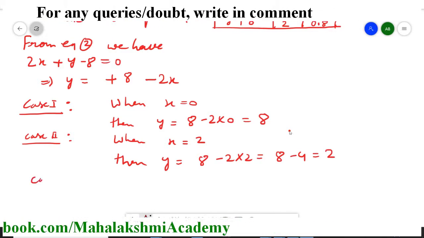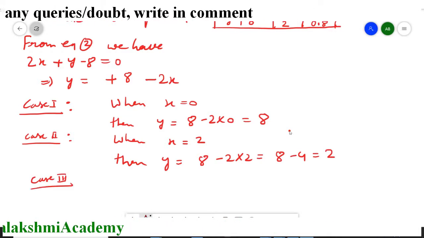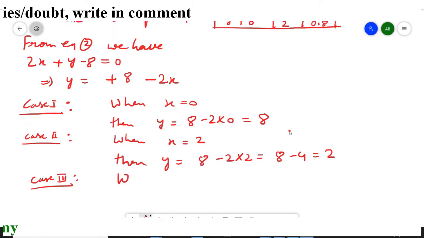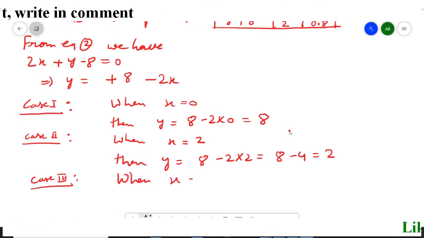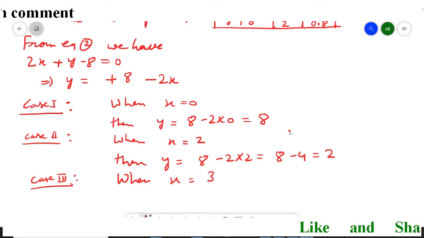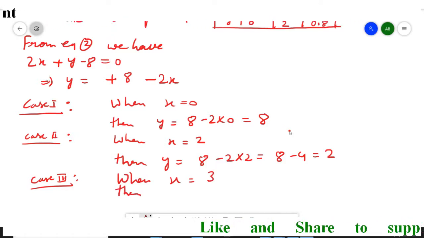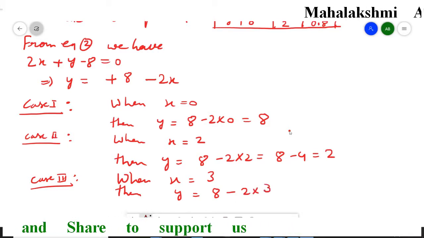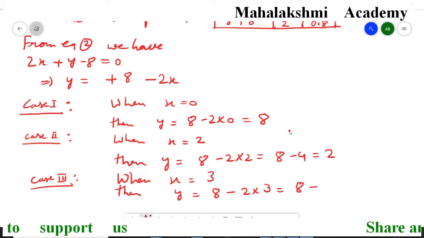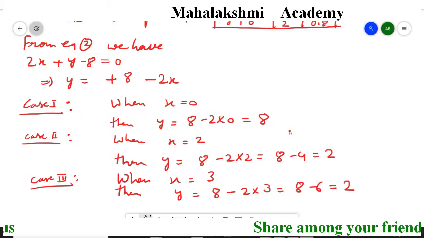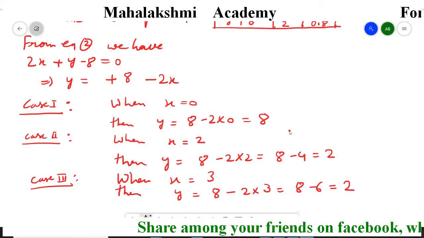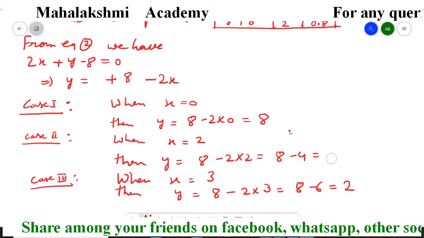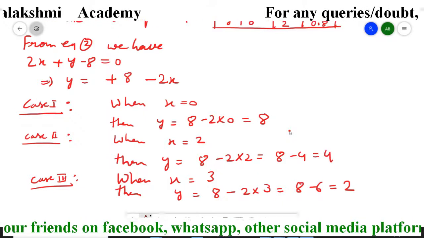And now case third, when x is equal to 3, then y is equal to 8 minus 2 multiplied by 3, that will give us 8 minus 6, which is equal to 2. Sorry, I got 8 minus 4 wrong, it's 4, and here it's 2.